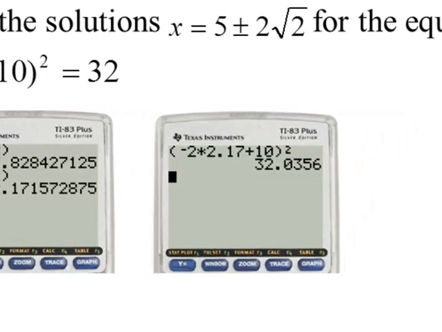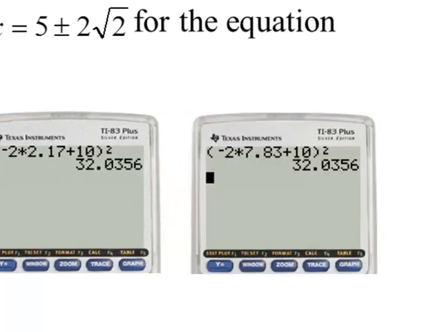So for the first solution, typing in the expression on the left hand side of the equation, we see something very close to 32. It's not going to equal 32 exactly because we are approximating 5 minus 2 radical 2 to 2 decimal places. Doing this for the second solution, we see that it also checks.